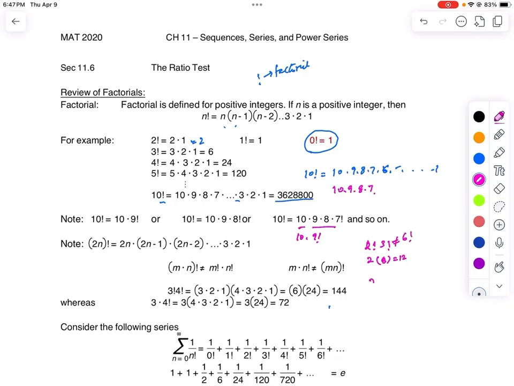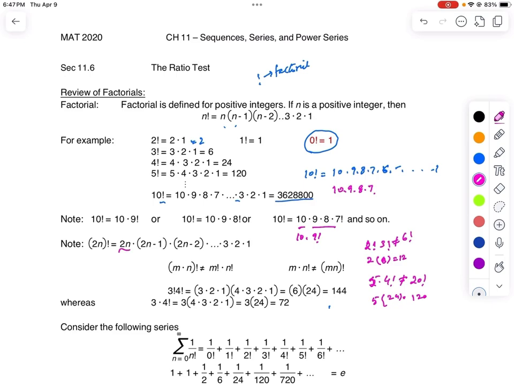In the same way, 5 into 4 factorial is not going to be 20 factorial. It is going to be 5 into 4 factorial, which is 24, so we get 120. So just be careful with the factorial.